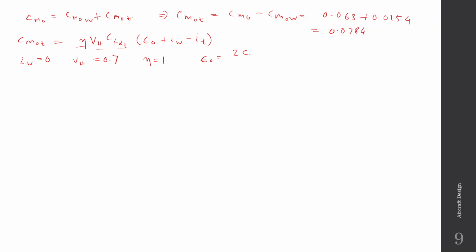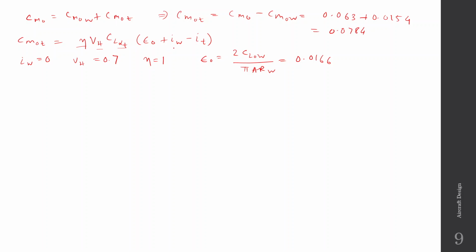Epsilon naught is 2 CL naught wing by pi aspect ratio. So epsilon naught comes out to be 0.0166.